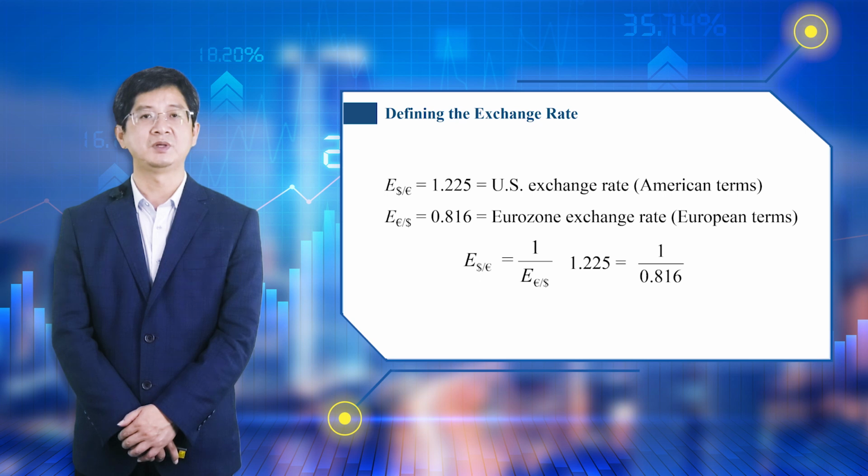Exchange rate of euros per US dollar is equal to 0.759. This is the euro exchange rate, which we call European terms. Hence, exchange rate of US dollar per euro is one over exchange rate of euro per US dollar.